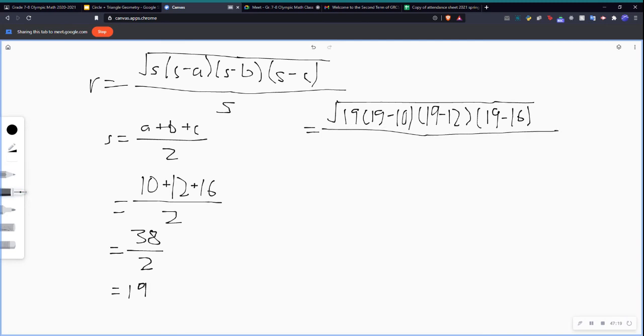All of that divided by S. So S is 19 itself. So this would just be equal to 19 times a bunch of numbers. We have 9, 19 minus 10, times 19 minus 12 is 7, and 19 minus 16 would give you 3. All of that over 19.